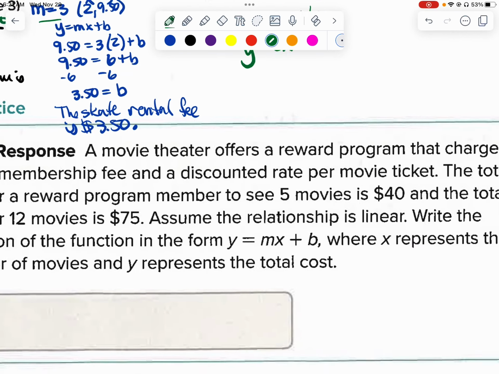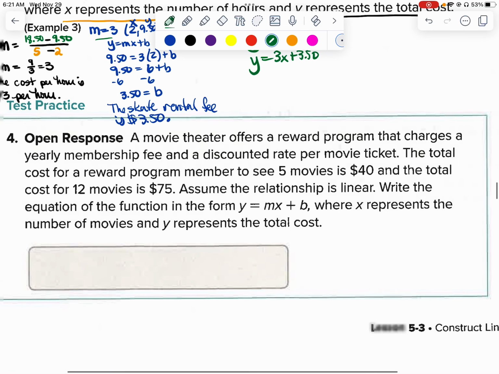Next, a movie theater offers a reward program that charges a yearly membership fee and a discounted rate per movie ticket. The total cost of a reward program members to see 5 movies is $40, and the total cost for 12 movies is $75.